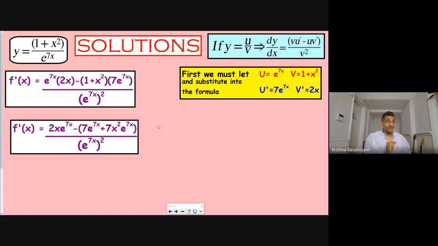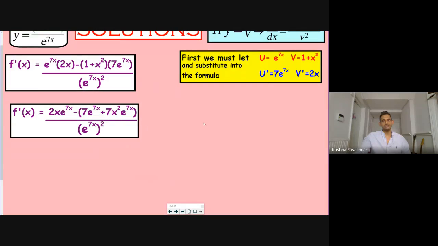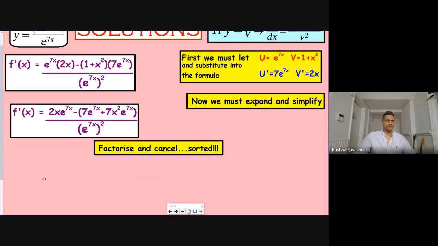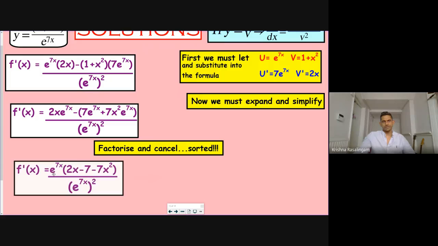Now we have to be careful, because when we expand, we have that naughty little negative sign to be careful of. So I've kept it there. I've just expanded that double bracket, and then I'll deal with the negative. So we've got to expand and simplify, then factorise and cancel is the next job.